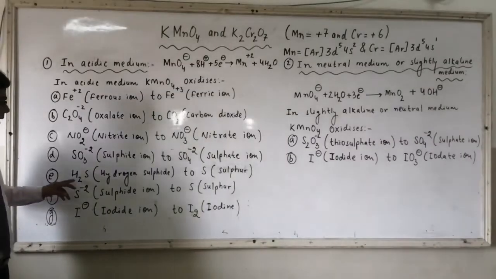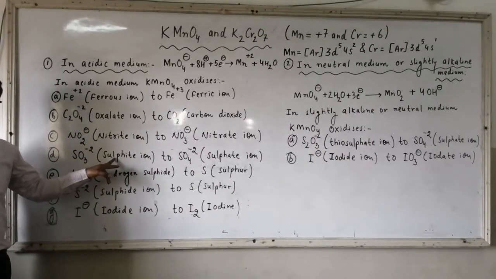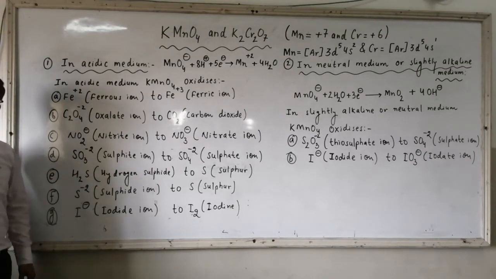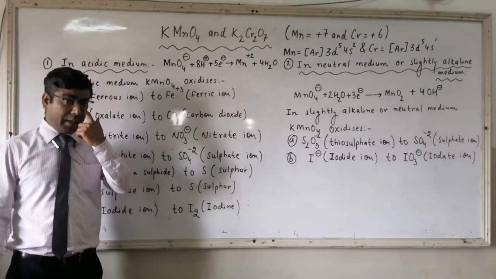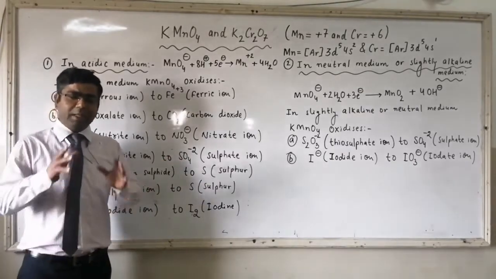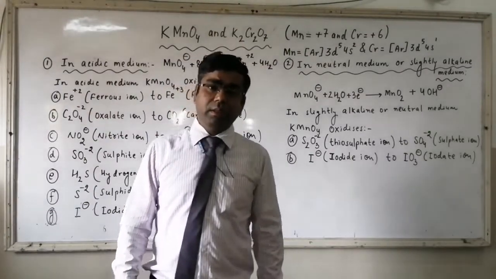Similarly, SO3 2- ion, which is called sulfite ion. In sulfite ion, the oxidation state of sulfur is +4. It gets converted to SO4 2-, which is called sulfate, and in sulfate, the oxidation state of sulfur is +6. So the +4 state of sulfur gets converted to the +6 state.